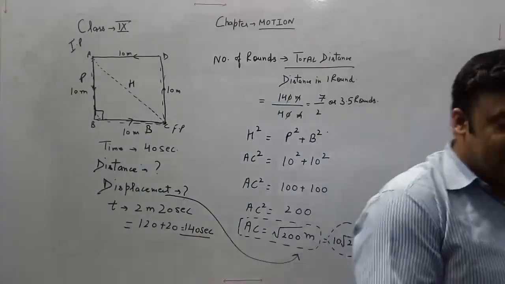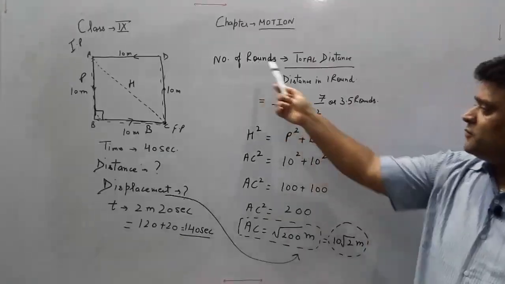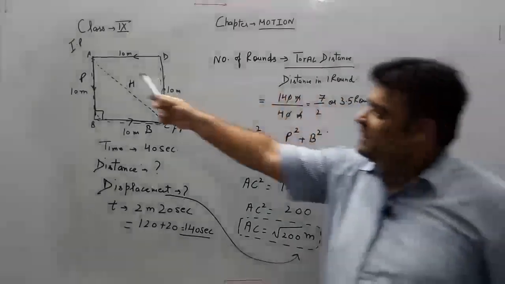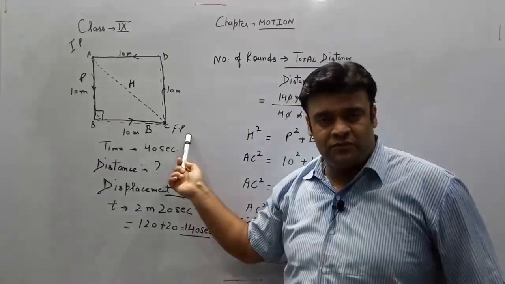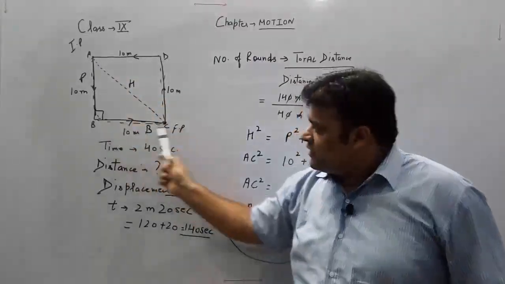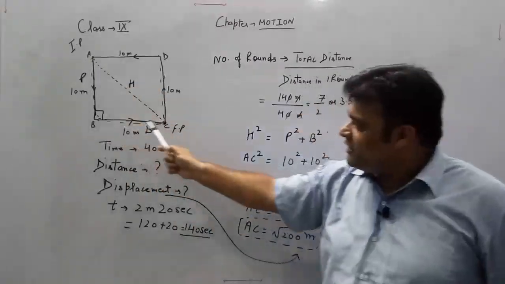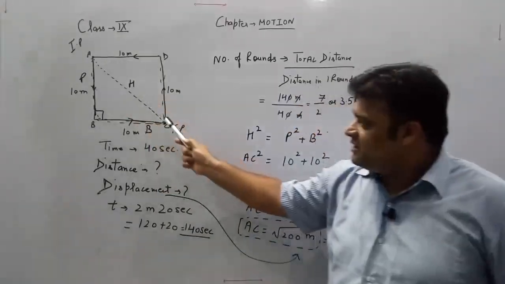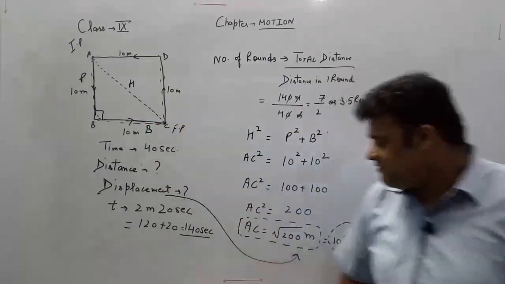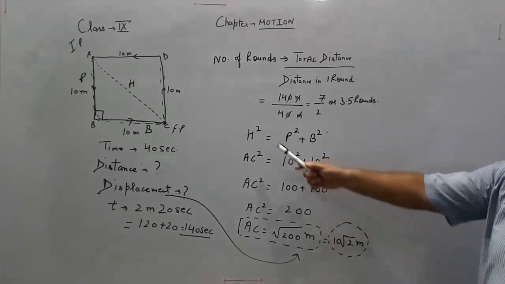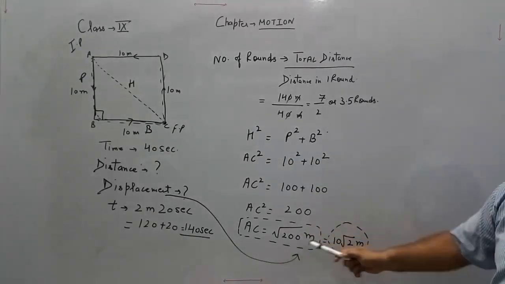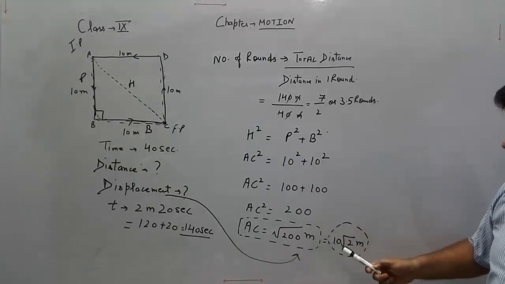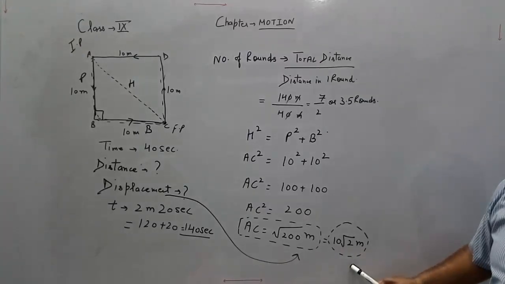So for finding displacement, first we have to find the total number of rounds, because we have to find initial and final position of the object. 3.5 rounds means after 3.5 rounds the object will reach position C. This side will give the value for displacement, and the value for displacement by using Pythagoras theorem will become root 200 meters or 10 root 2 meters.